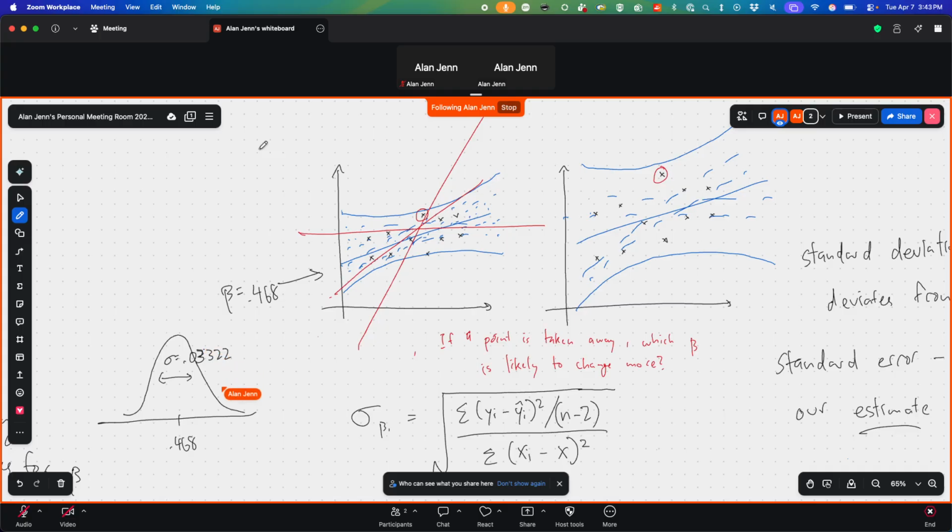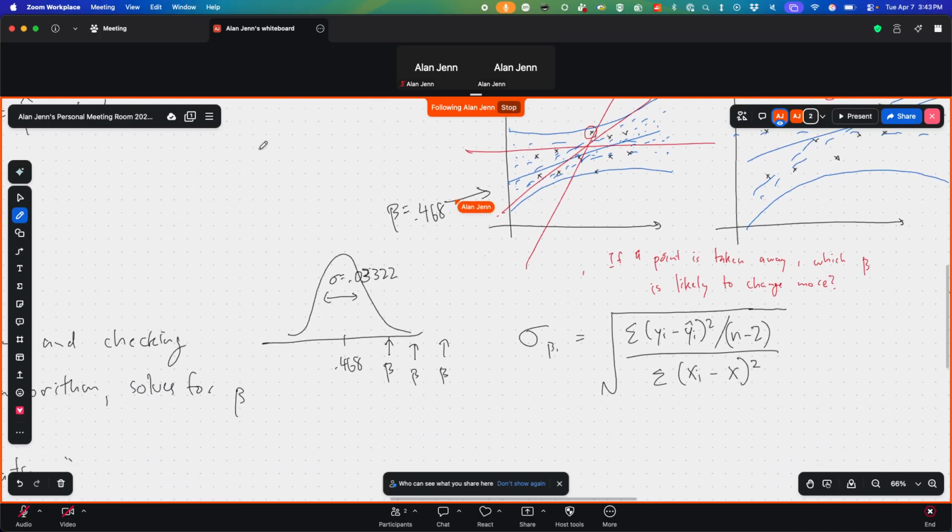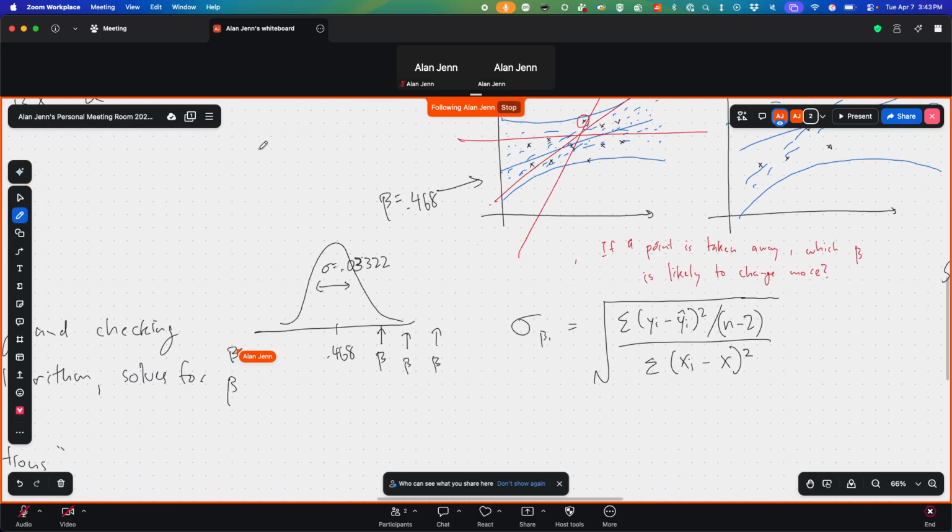And so, the likelihood that the slope is at this value, or let me use betas. What's the likelihood that the beta is here, or here, or here? This is telling us that beta equals 0 is way, way, way down there.